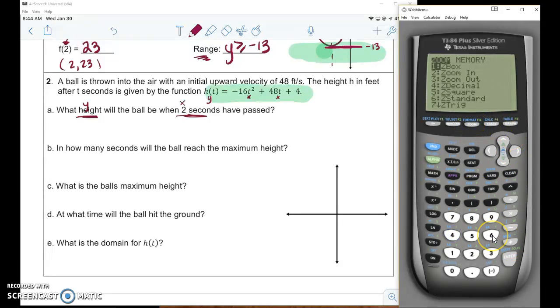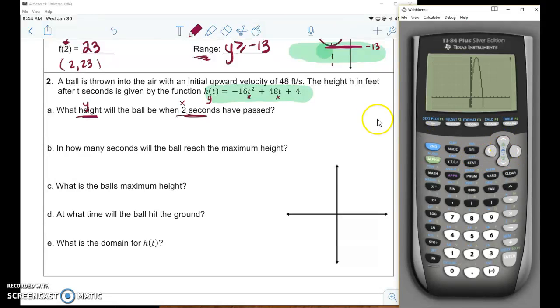I'm going to start with my standard zoom. I notice here that I can't see the very top of my graph, so I am going to change my window. I'm going to change the top y value, or the maximum y, to 40. I may need to change it again, but I'm just going to see if this allows me to see everything I need.